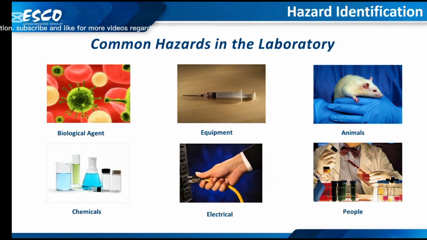Then we have the chemicals. The chemicals we use can be toxic, carcinogenic, or corrosive. Even people can be a hazard in a laboratory. An unprepared and unauthorized person can be quite dangerous if they don't know the correct process to follow.